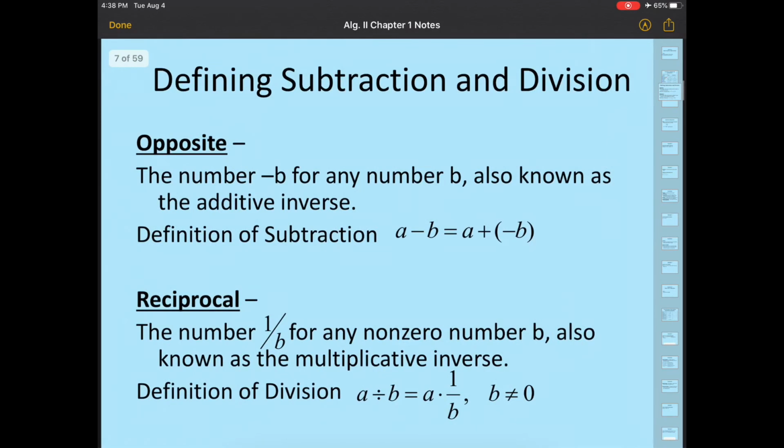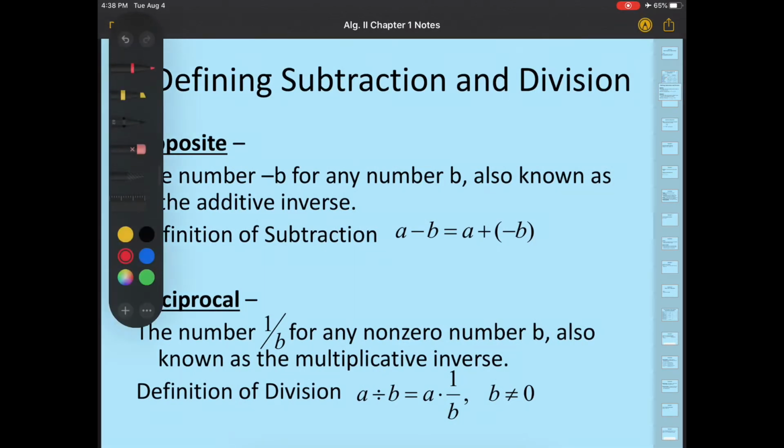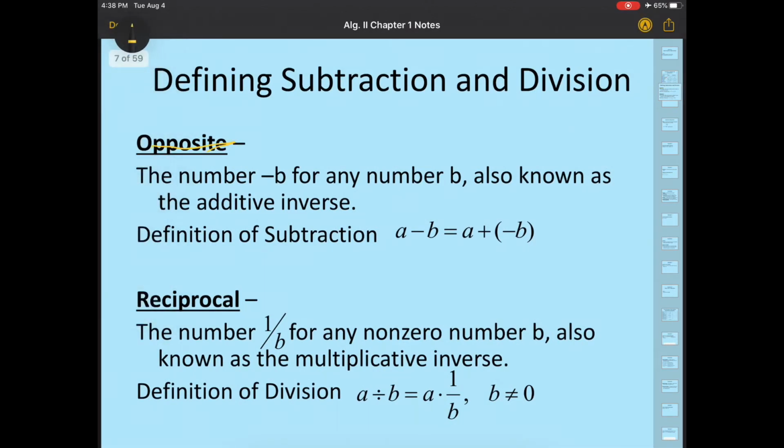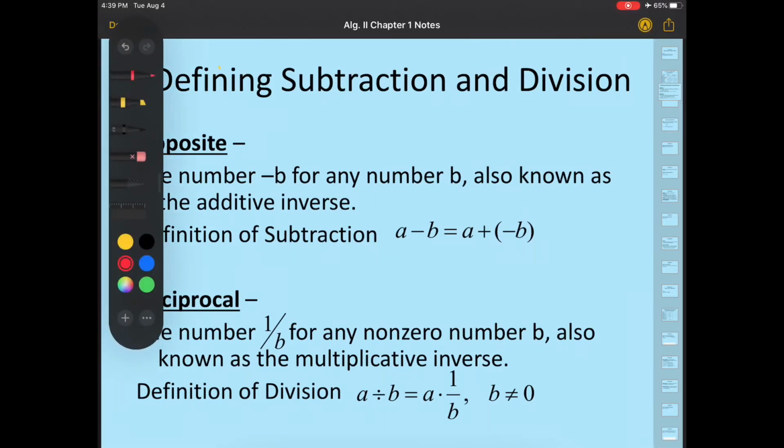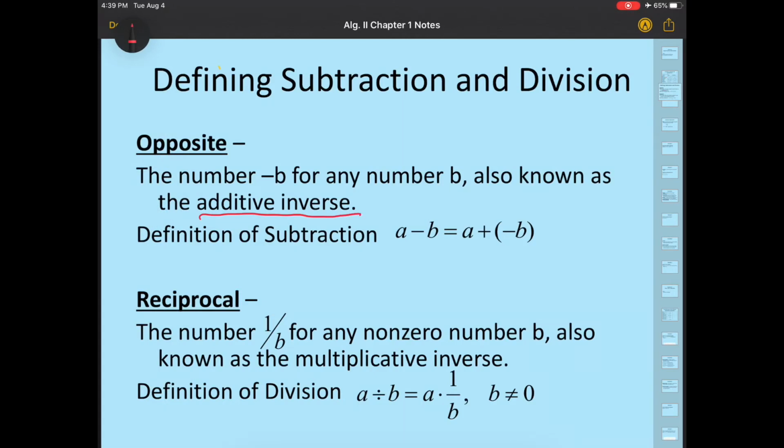A couple of vocab here. We have an opposite. Okay. The opposite is the number negative b for any number b, and we also call that the additive inverse. The additive inverse.